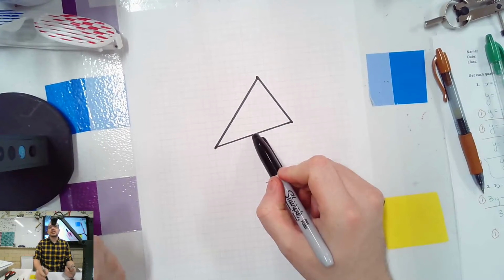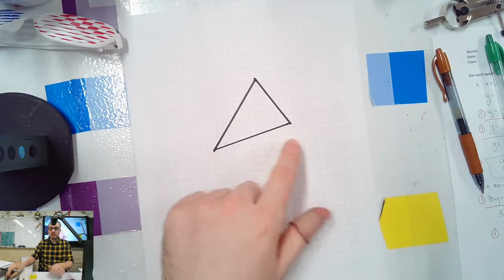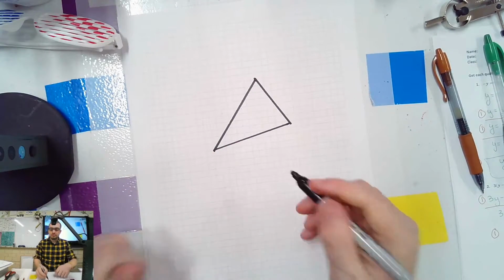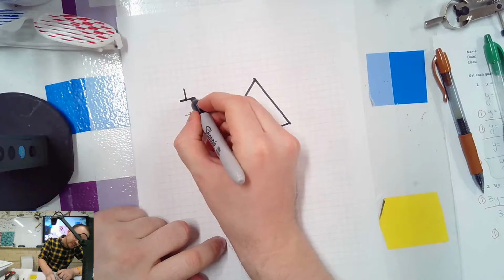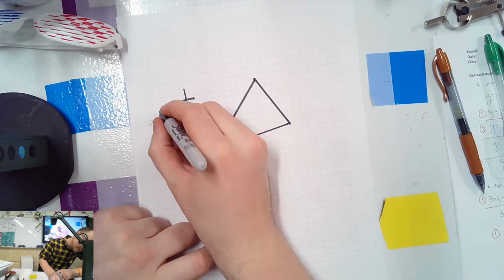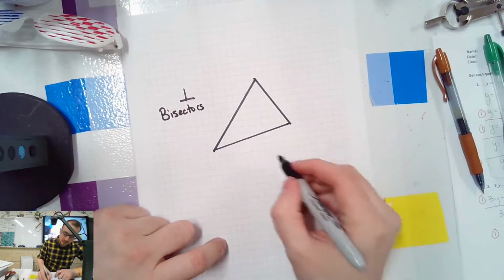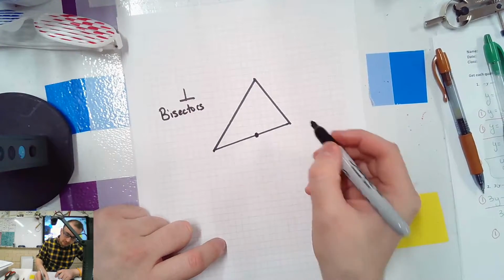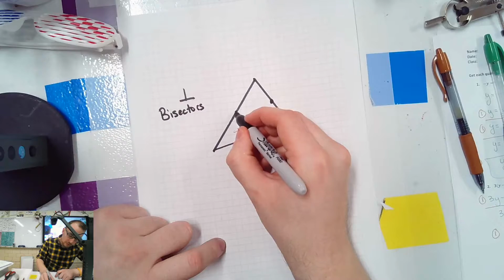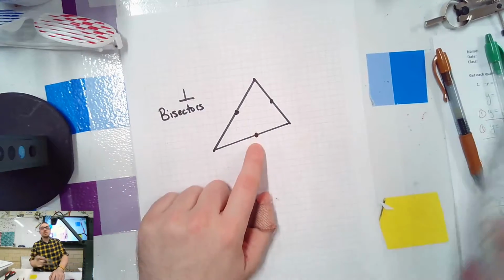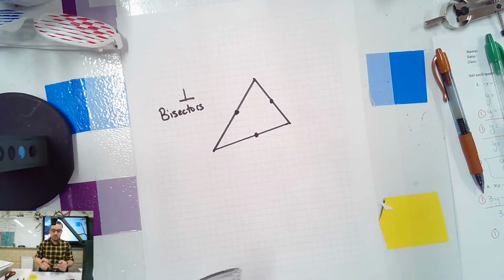And then it bisects the sides. So we need to find the halfway point for all our sides. This is the symbol for perpendicular. So this looks about the halfway point for this side, halfway point for this side, and halfway point for that side. And then from these points, I'm going to go 90 degrees straight up, right?